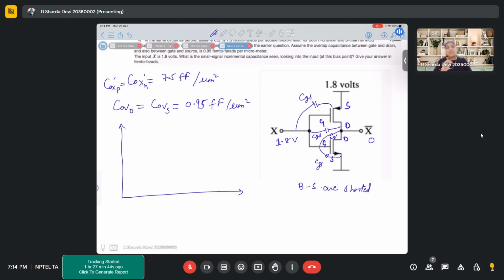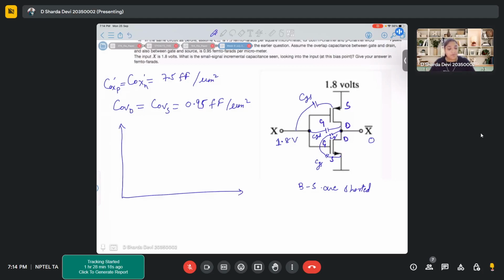What is the behavior of your transistors? Because if your transistor is in cutoff region, your capacitors are there in a certain way. But the moment your transistor is in linear region, the capacitance values change. And if they are in saturation, again the capacitance changes further. So it is very important to understand the region of operation of your transistors to exactly calculate the capacitances.